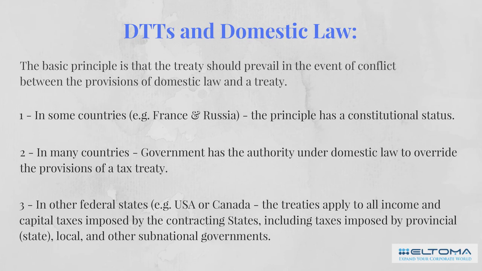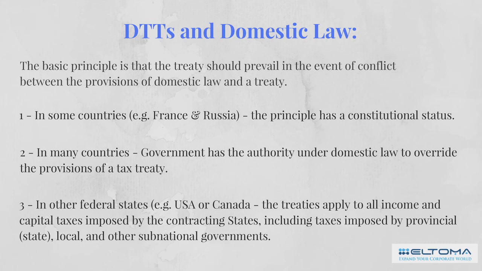In other federal states, such as the United States or Canada, the treaties apply to all income and capital taxes imposed by the contracting states, including taxes imposed by provincial, local, and other subnational governments.